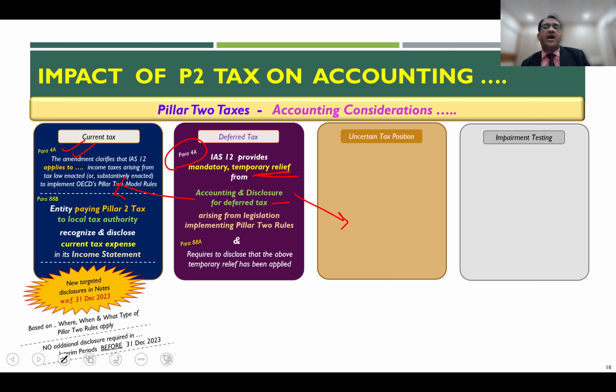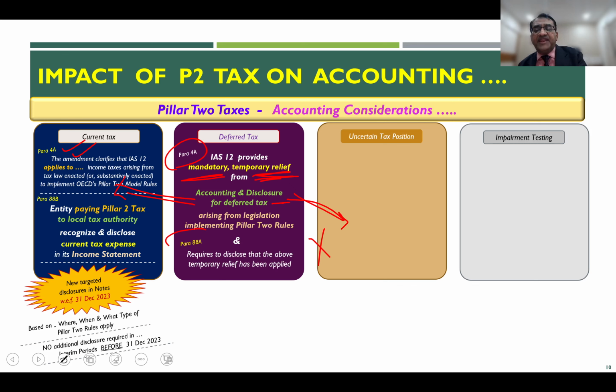Current tax you have to record, but when it comes to deferred tax, there is a temporary relief given in the amended IAS 12, wherein both the accounting and disclosures related to deferred taxes are not to be there in the financial statements. And this is a mandatory temporary relief. So the entity does not have any choice. It has to mandatorily apply this relief.